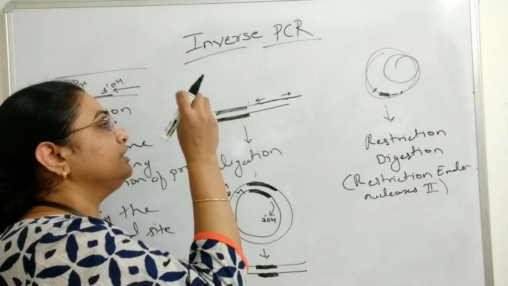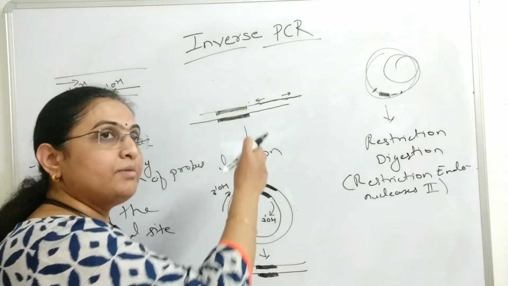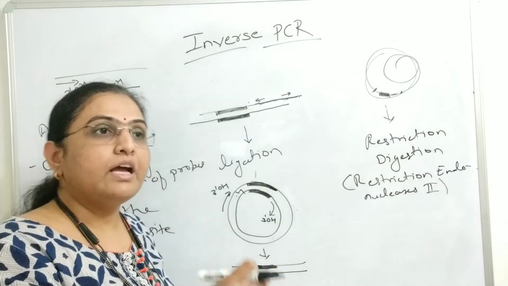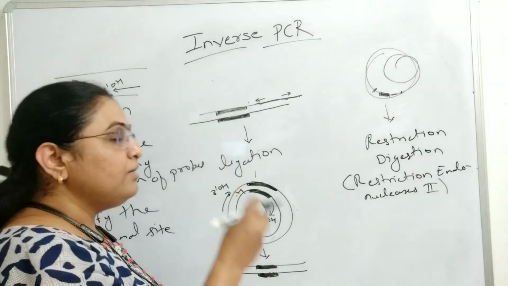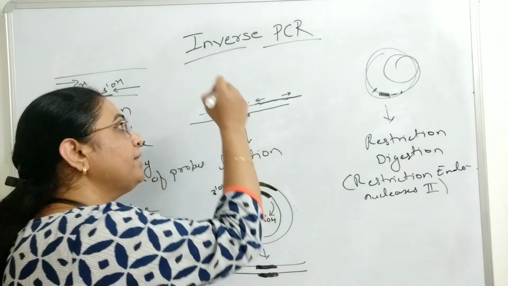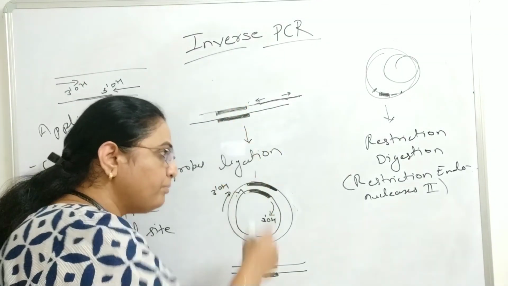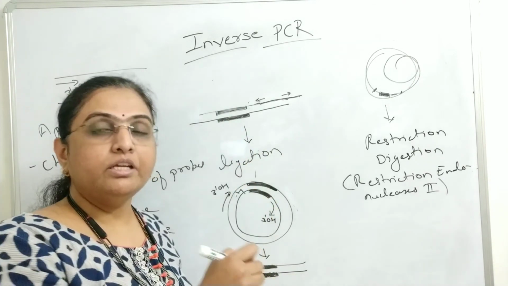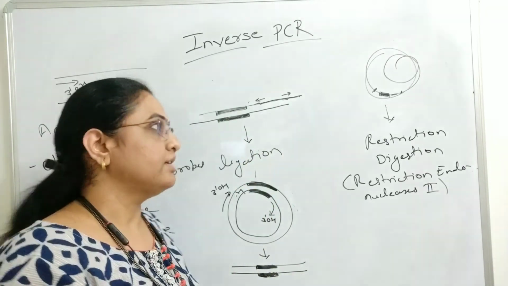So you are going to prepare the primer. If this is a transposon, you use sequences from the transposon for the primer synthesis, or if it is a transgene or viral DNA sequence, they are known to you. With that known DNA sequence you can design a primer and amplify the insertional sequences for the viruses, transposons and transgenes.